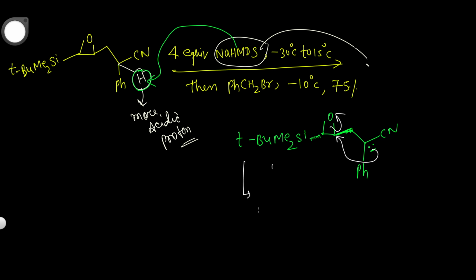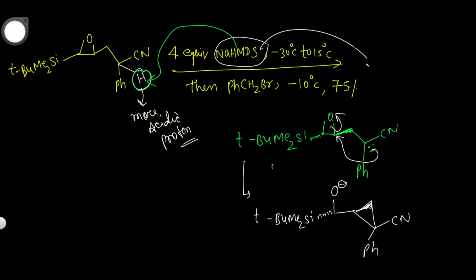After that you get something like TBu Me2 Si, O minus here, and we have something like this. This is our CN here, and this is Ph. So it will form like this, right?